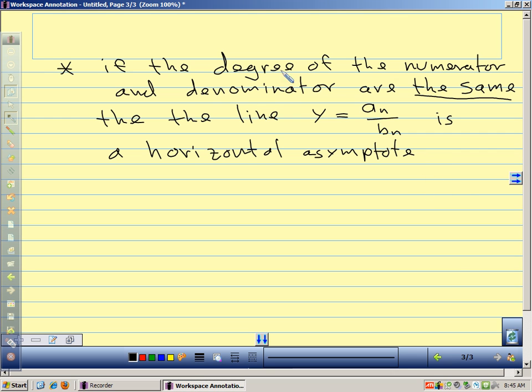So if the degree of the numerator and the degree of the denominator are the same, what you need to remember is the ratio of the leading coefficients.